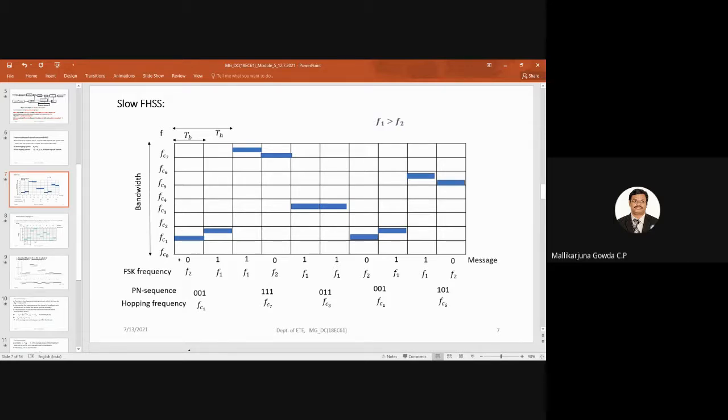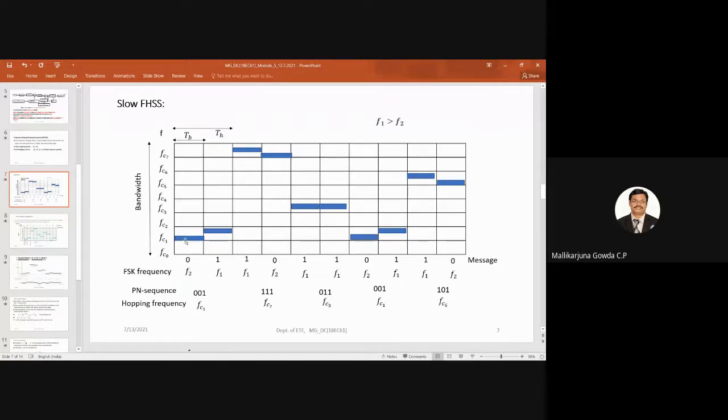I have divided the entire bandwidth into many sub frequencies. Since I am using 3 bits, I can say from FC0 to FC7, means 8 pseudo random frequencies I have. So the first one will be F2, means it is symbol 0. So the hopping frequency will be FC1 plus the frequency of the FSK modulated signal, F2.